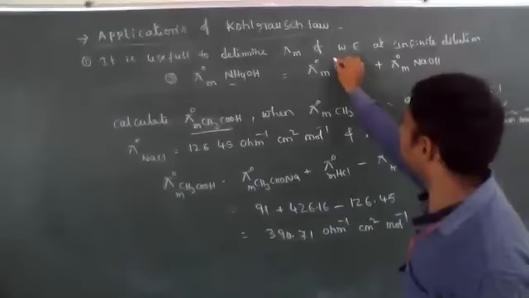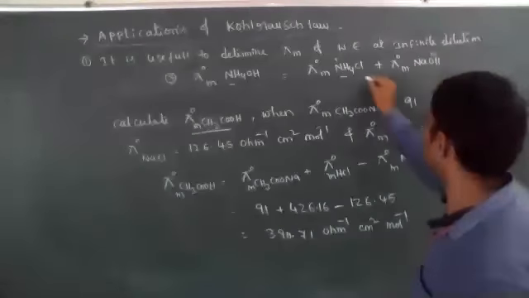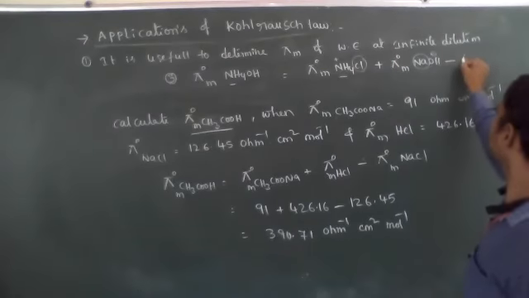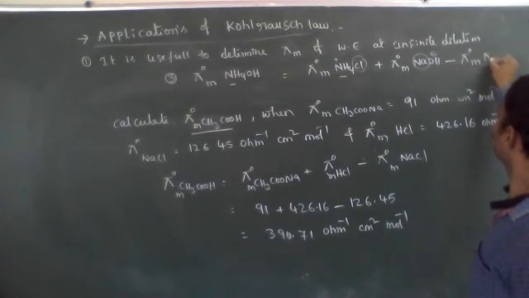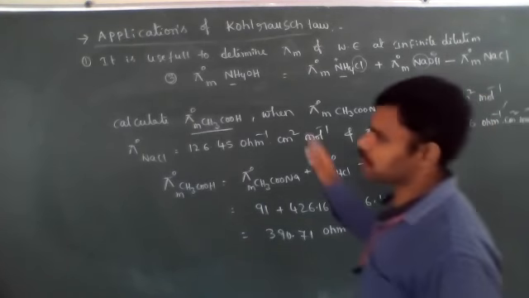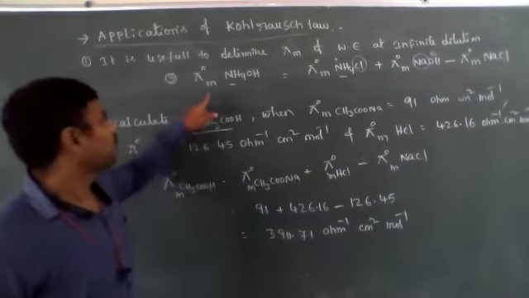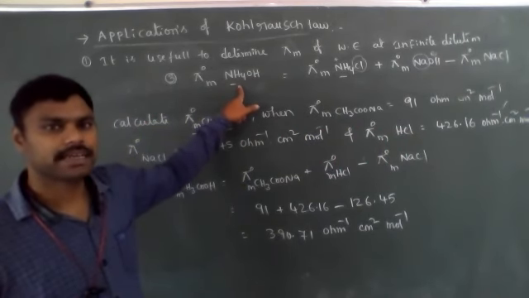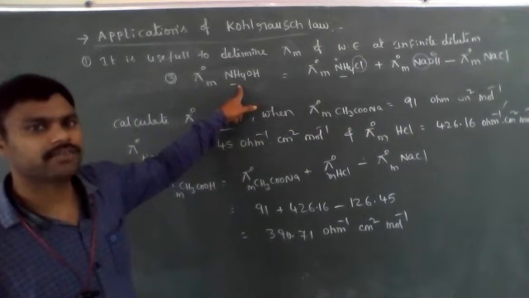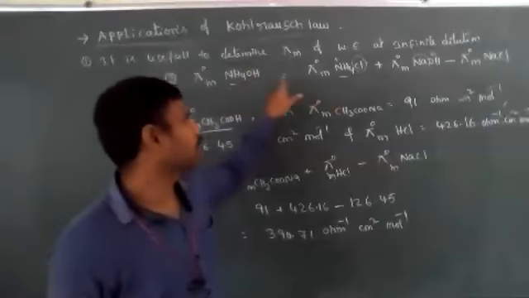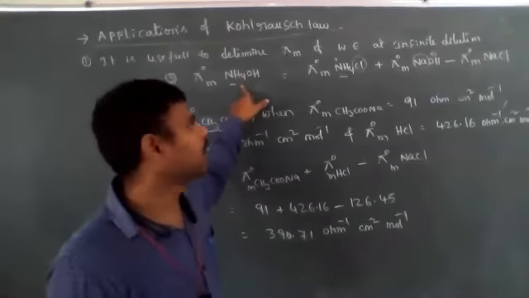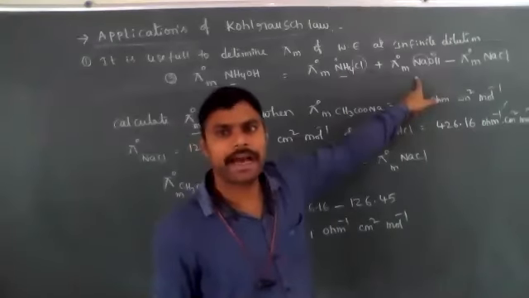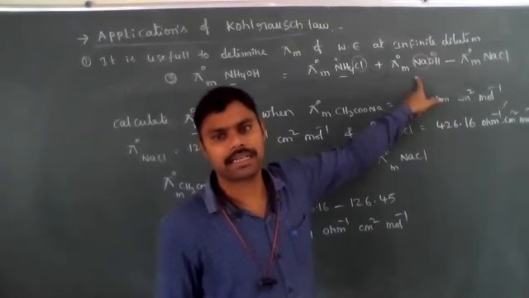There Na plus is present and OH minus is present. What we need to subtract? NaCl value we need to remove. That's why minus the molar conductance of NaCl. So from this formula we can calculate ammonium hydroxide, a weak electrolyte, a weak base. Its molar conductance at infinite dilution is the addition of the molar conductance of ammonium chloride and sodium hydroxide minus the molar conductance of NaCl.